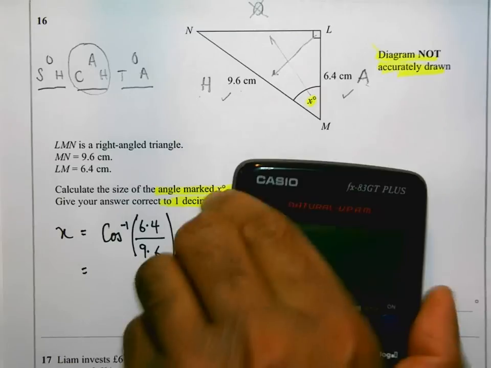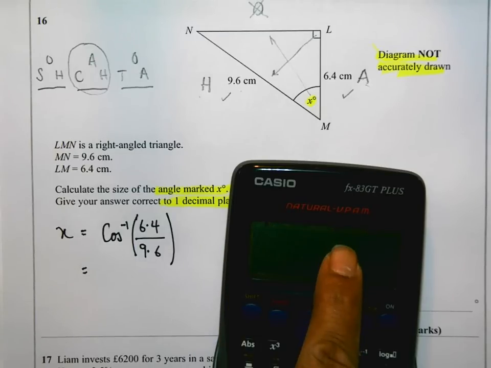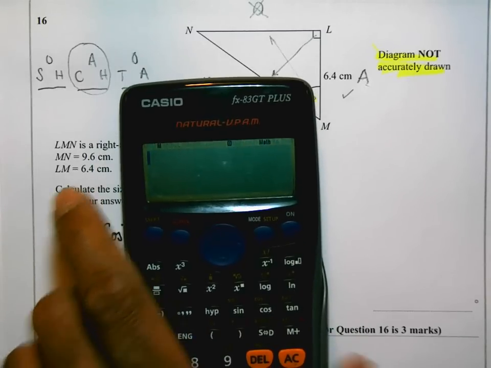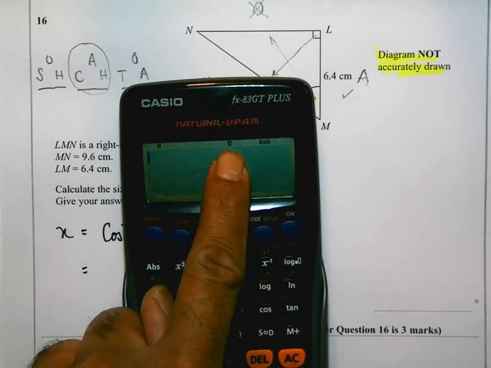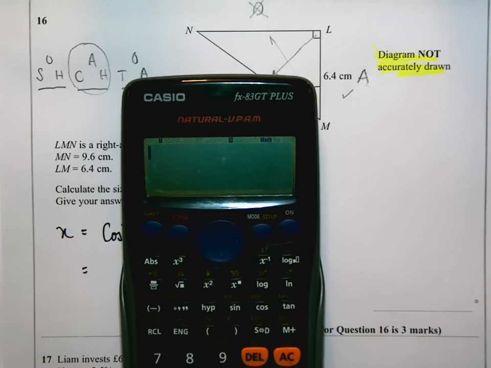One of the things that's key, so clear the screen. Make sure there's a D up at the top. That means your calculator is working in degrees. If it isn't, ask the examiner for a new calculator.